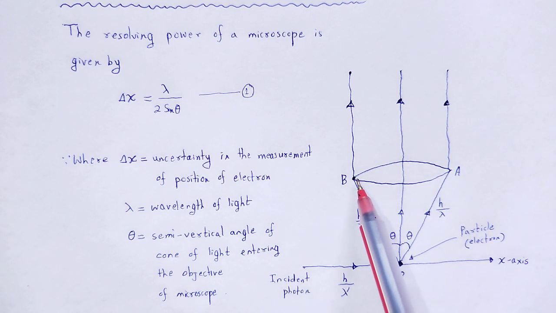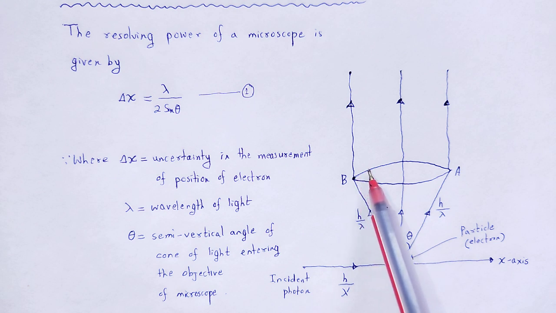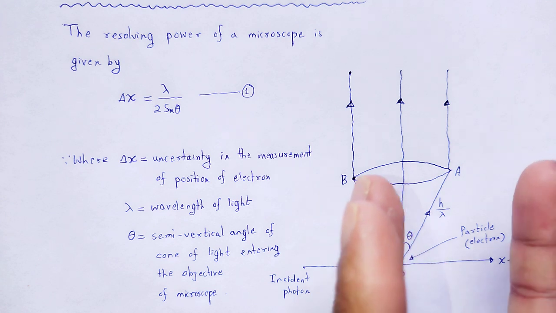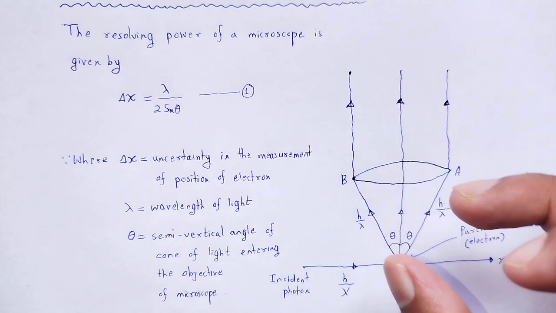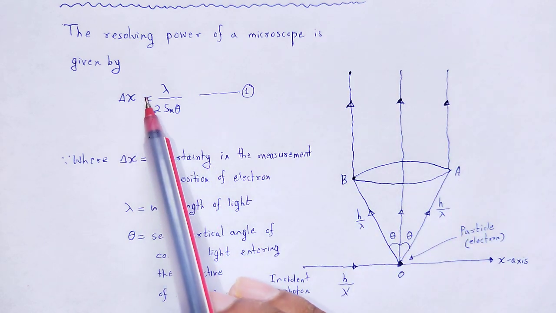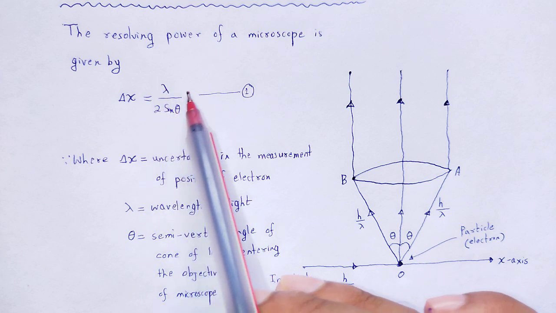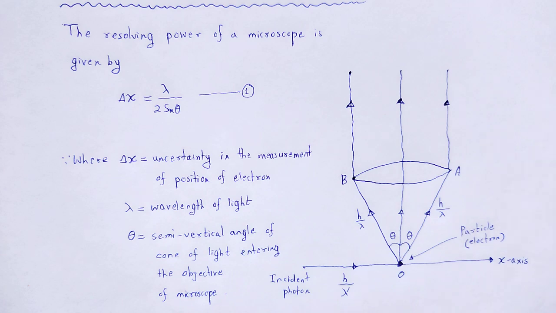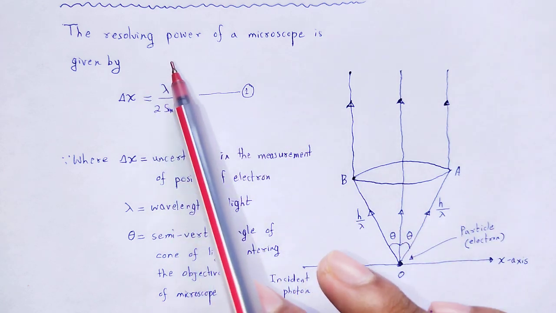And a high power gamma ray microscope is used to detect the position of such an electron. So, the resolving power of such a microscope is given by del x is equal to lambda divided by 2 sin theta. Look at that expression. What is resolving power?